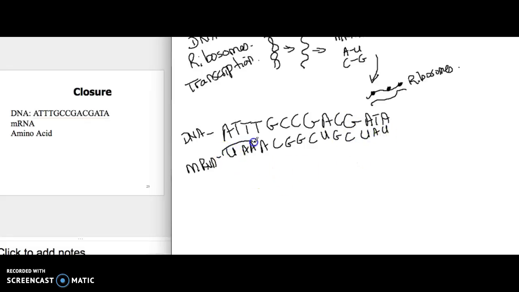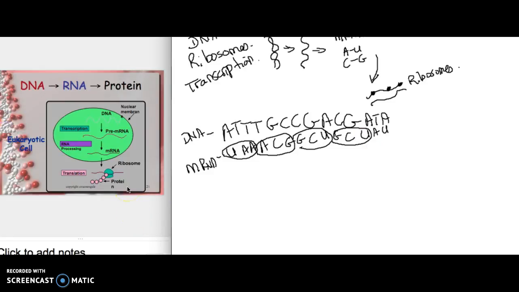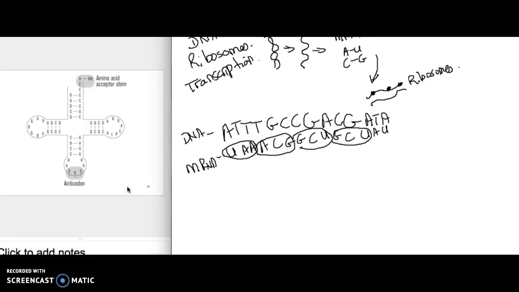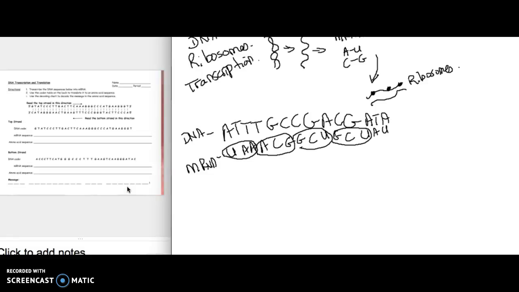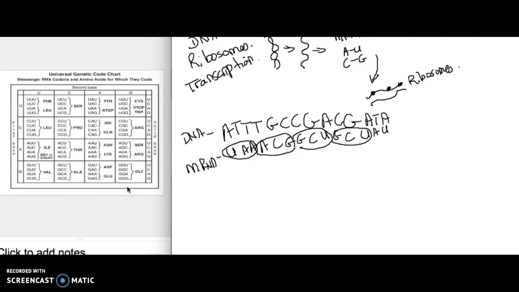Now each three letters that is formed is called a codon. We will have to use this chart, and they will give you a chart to read it. So UAA, if we go back to our chart, where is UAA?